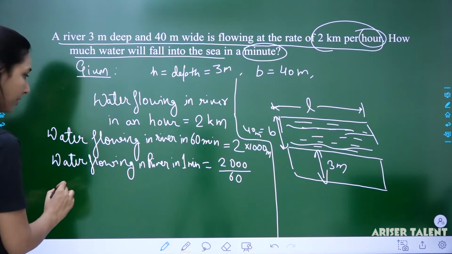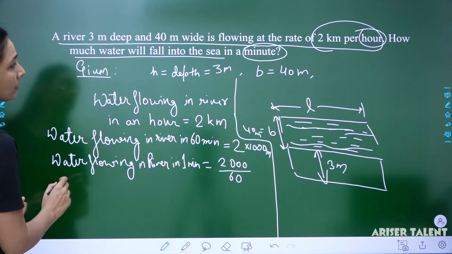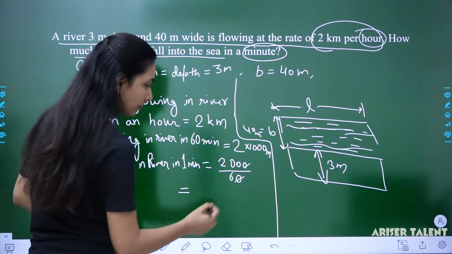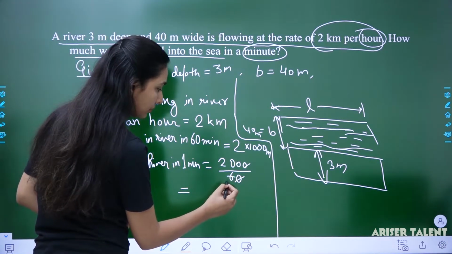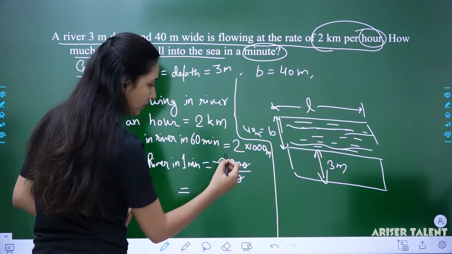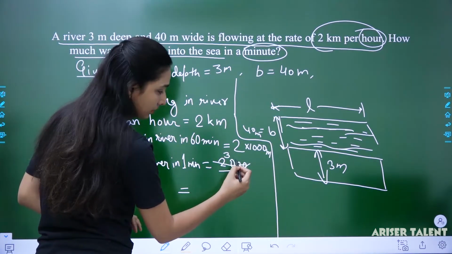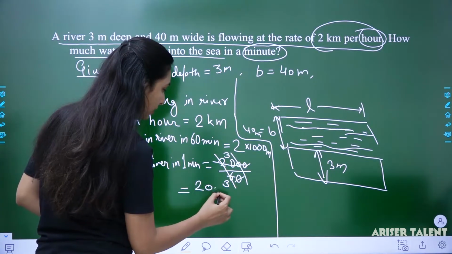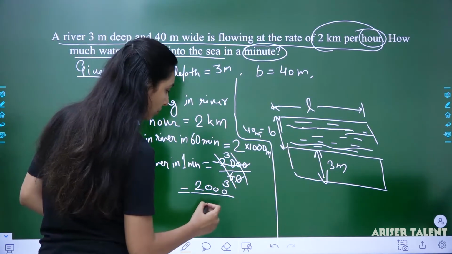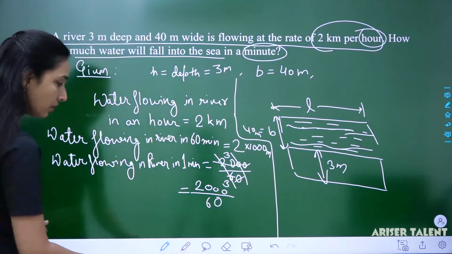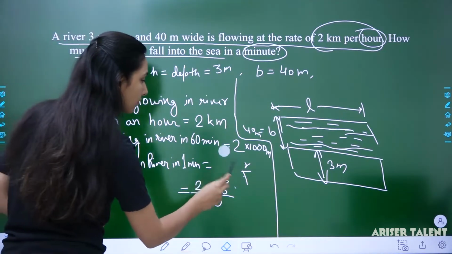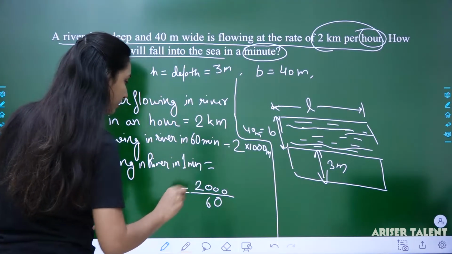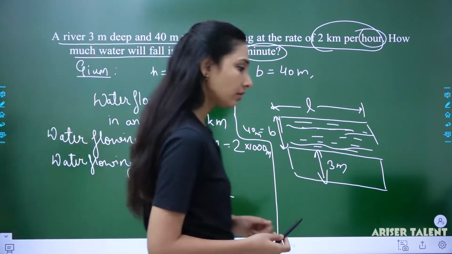Then you'll have this calculation sorted. Let's suppose it is 2000 divided by 60. We'll be calculating it afterwards. So note this.